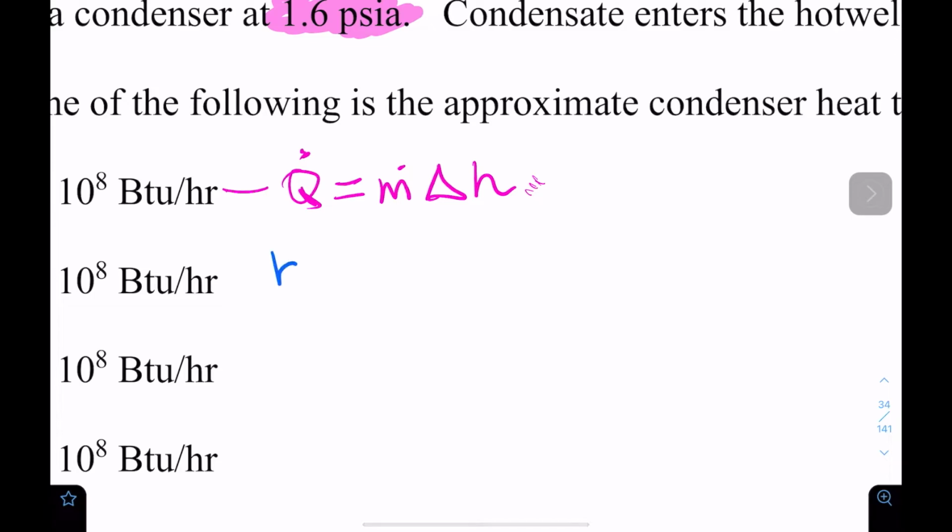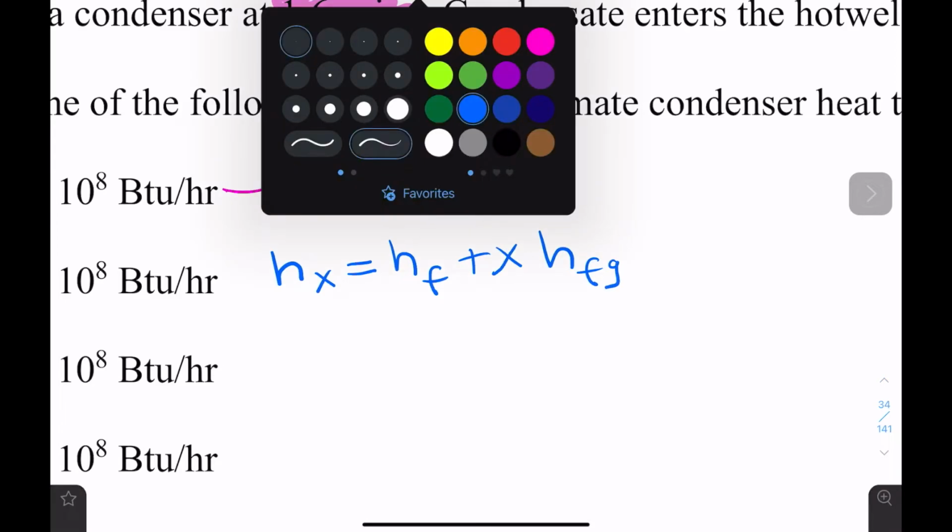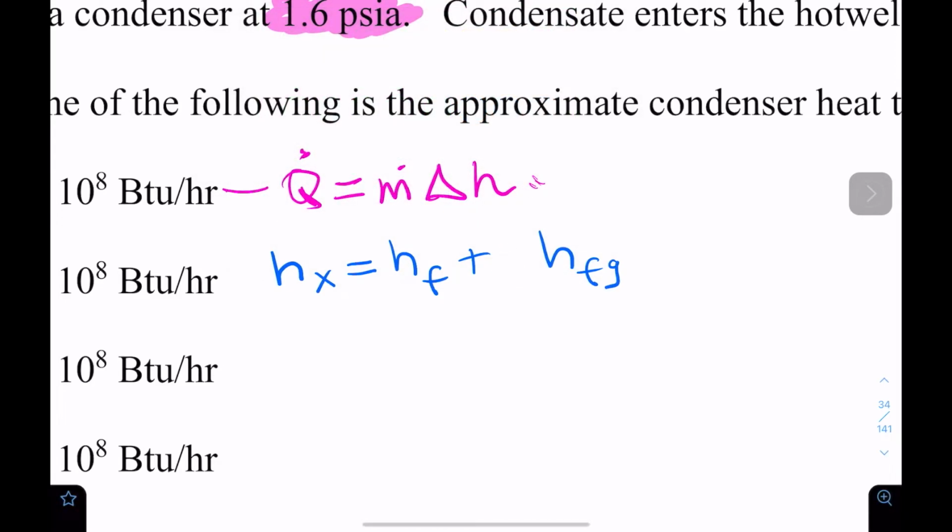So remember this one. I'm given the quality. I'm given this quality, right? I know that this one is at 50%.